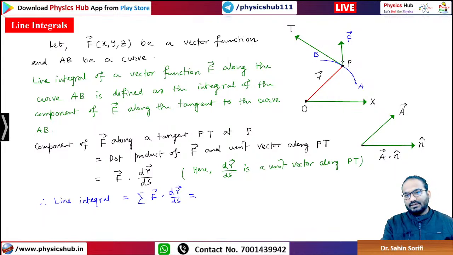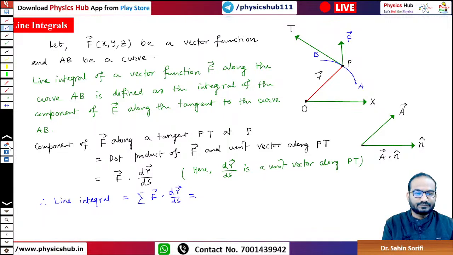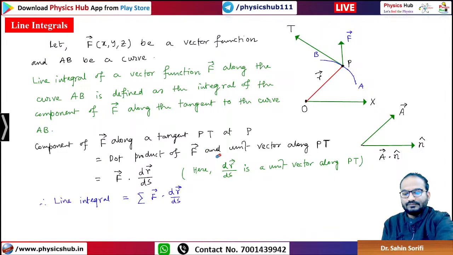There may be millions and trillions of points in between point A and B. So what we can do is convert it into an integral. So line integral is basically the sum of these things from the point A to B along the curve.